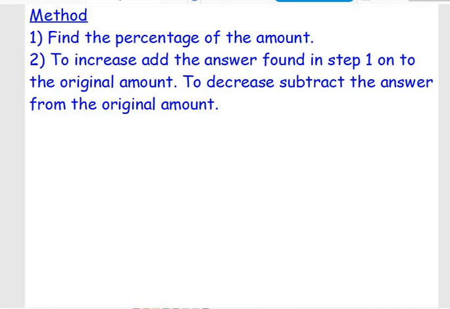If we're to decrease, it's going to be reduced, so we subtract the answer in step 1 from the original amount. Again, copy that method into your big books, and pause the video if you need to.